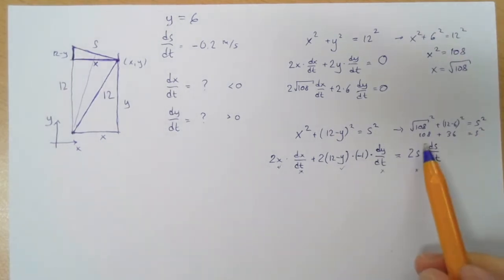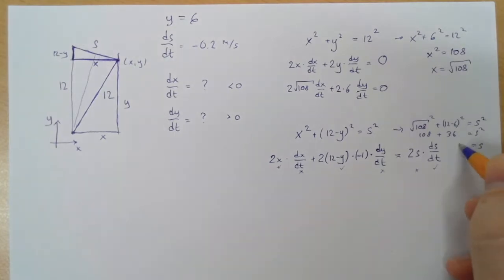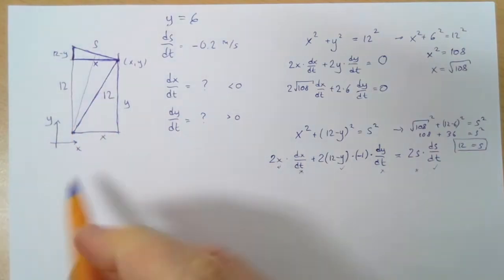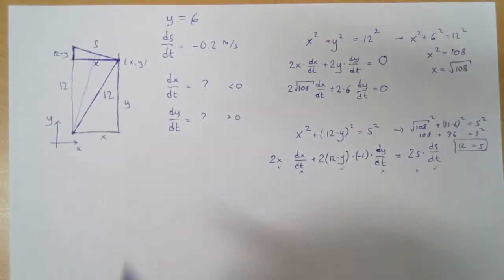So 108 plus 36 is 144. s equals 12. Wait, 12? That's the number we have everywhere. Is that a coincidence? Let's see.